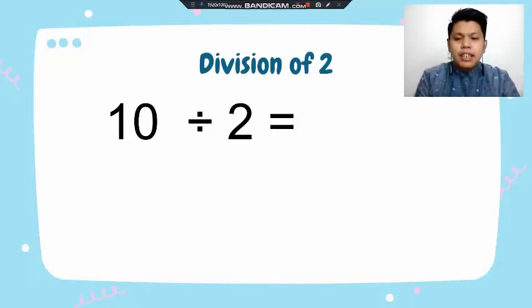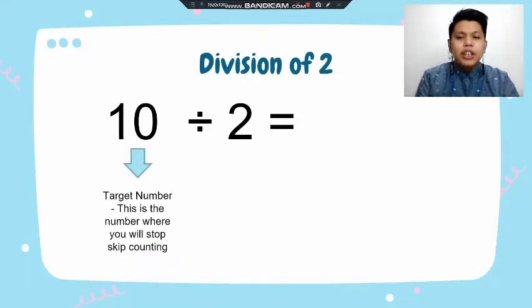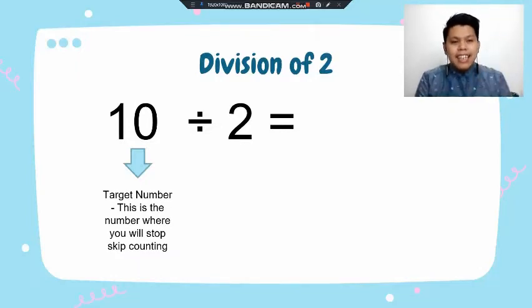Remember, the 10 or our dividend will always be our target number. This is the number where you will stop skip counting. Once you reach this number, it means you have to stop.